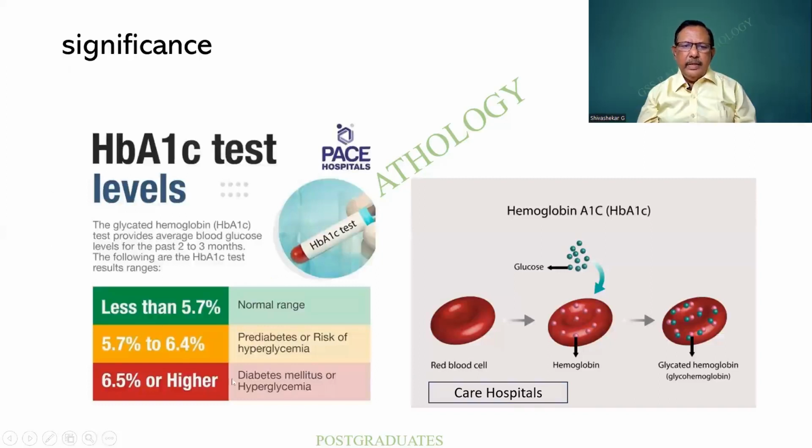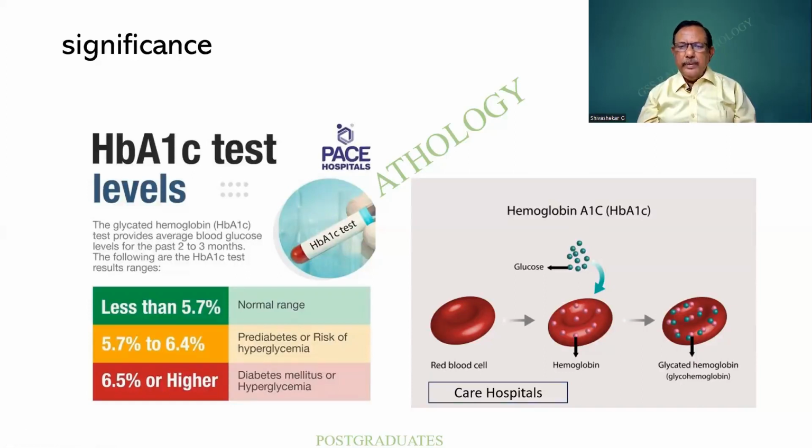And this again is a reflection of the same, thanks to PACE Hospitals for this picture. But this one is more important, from Care Hospitals. This is the RBC, and it has the hemoglobin, and the HbA1c is being produced from the glucose, as it glycates the hemoglobin. So glycated hemoglobin, or glycohemoglobin, is being formed.